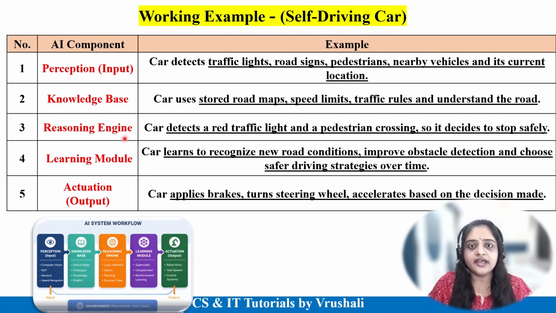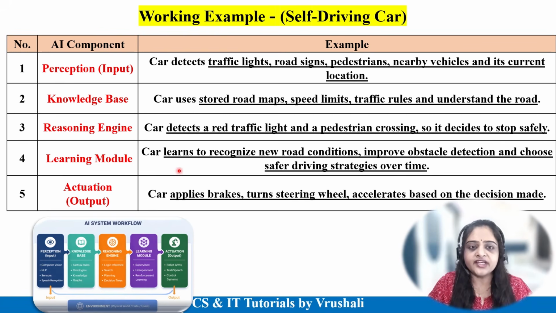Next one is the reasoning engine. So here the expert AI system makes the decision as per the stored information. For example, the self-driving car detects a red traffic light, means it stops the car. If a pedestrian is crossing the road, again it stops the car. So this is called decision making, right? Next one is the learning module.